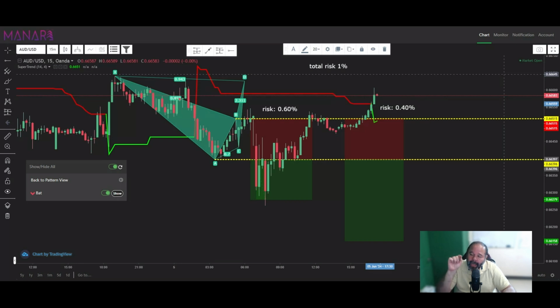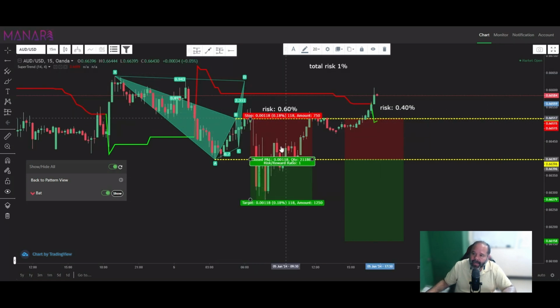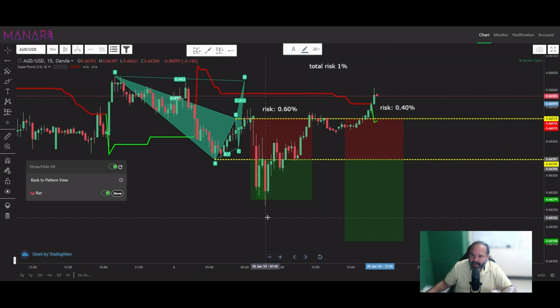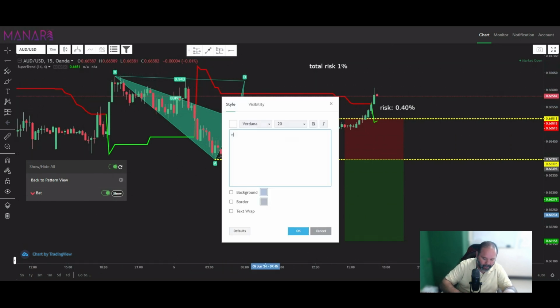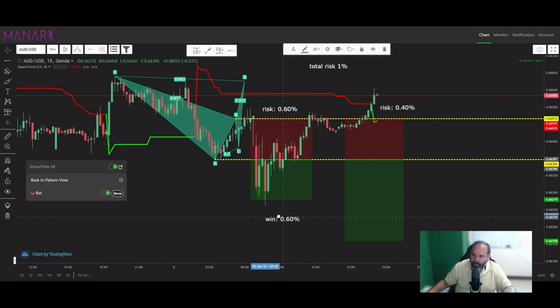So if you apply this risk management, you're going to have peace of mind in this sense. Look, if you win the first trade, since you're risking 0.6%, how much are you going to win? You're going to win the same amount, right? If you win, you win 0.6% because it's a 1-to-1 risk reward ratio.